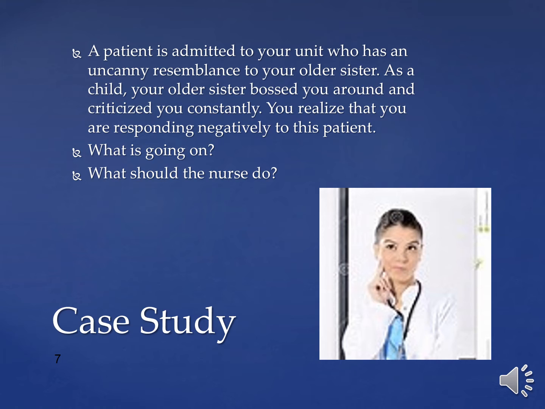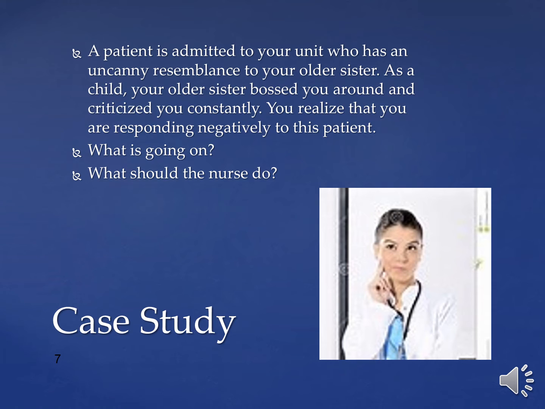Then you realize that you're responding negatively to this patient. So you ask yourself, what is really going on here? After some self-reflection, you may realize the person looks like your sister and you're using transference or countertransference in this case to give characteristics to the patient that are not really the patient's characteristics.